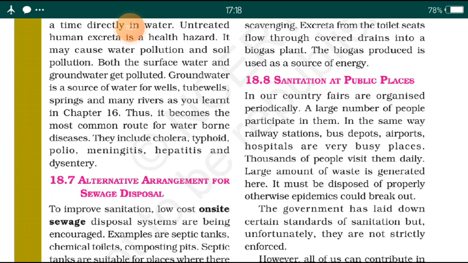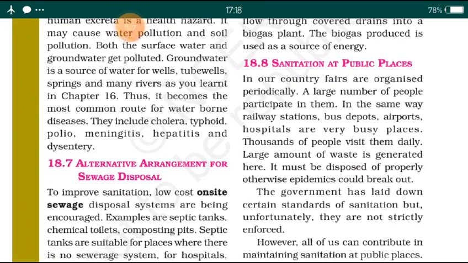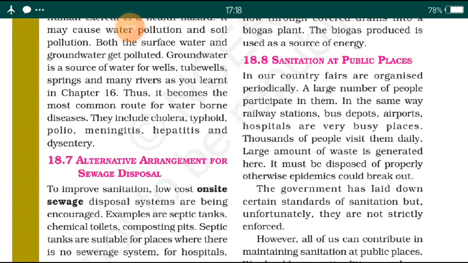Thus, it becomes the most common route for waterborne diseases. They include cholera, typhoid, polio, meningitis, hepatitis and dysentery. The probability of these diseases increases when we drink unhygienic water.